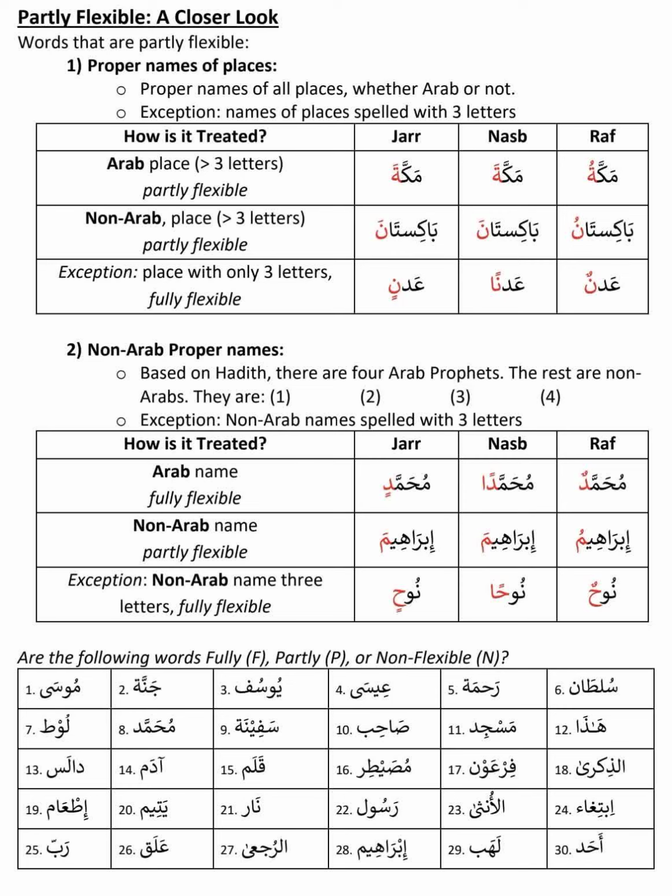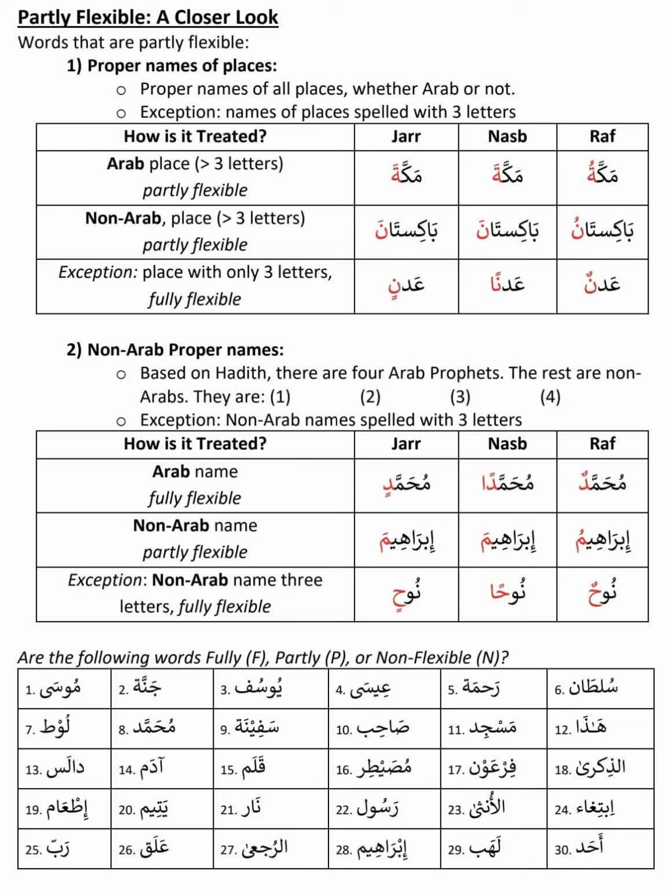So he's not an Arabic prophet. He is a non-Arab prophet. So non-Arab names should be considered as partly flexible. That's why we didn't say Yusufun, Yusufan. Instead of that, Yusufu, Yusufa, Yusufa. That is important to remember.